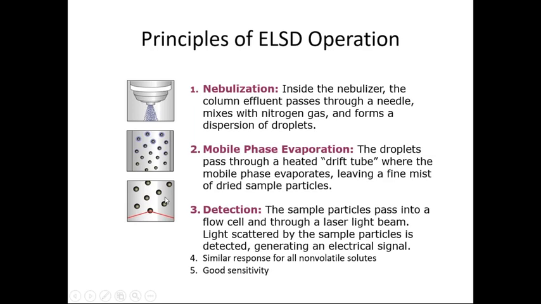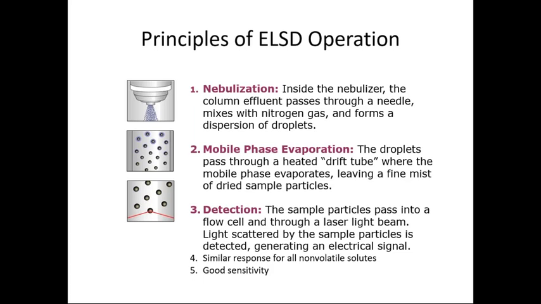And we know that powders have the property of diffracting light. So if light is passed on to these particles, they will diffract the light, which is measured as scattering. Therefore, when an analyte passes through the ELSD, it becomes a powder and it can be analyzed.